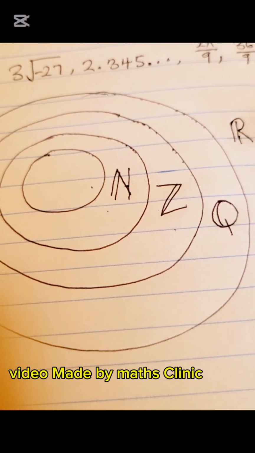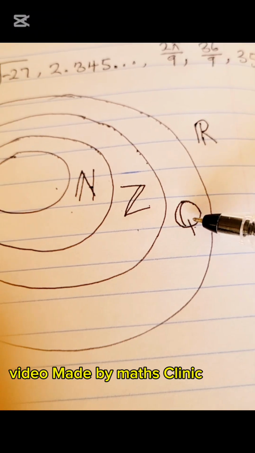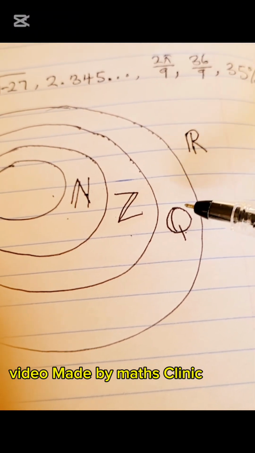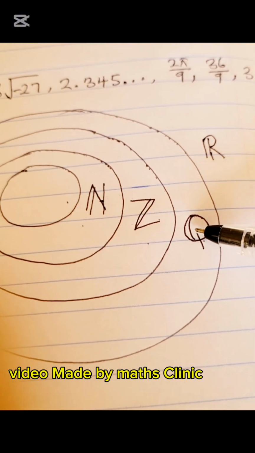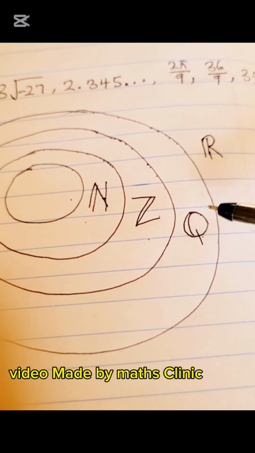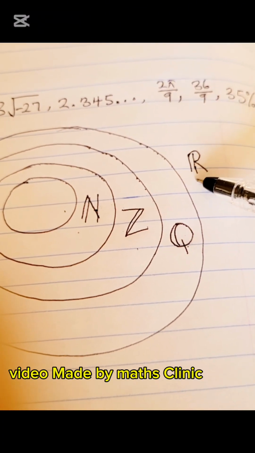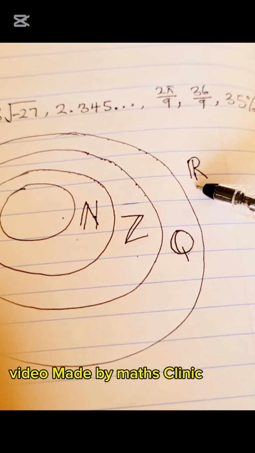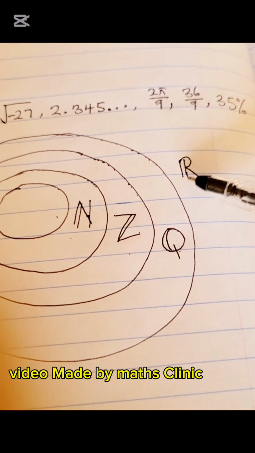Then let's move to rational numbers. Rational numbers are fractions, recurring decimals, terminating decimals, and whole numbers, positive and negative, including zero. Now let's go to real numbers. Real numbers are fractions, terminating decimals, recurring decimals, and whole numbers.